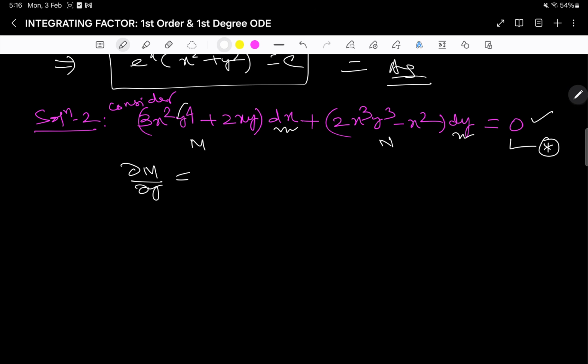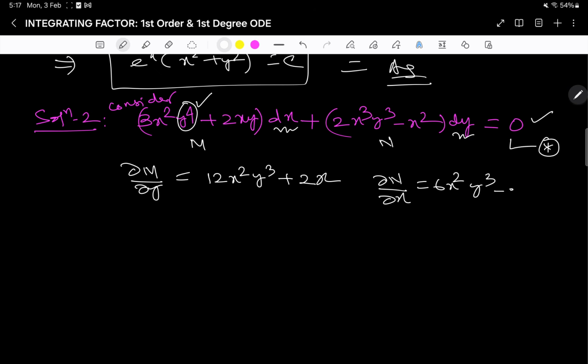So what is my del M by del y? The derivative of y fourth is 4y cube, so 12x square y cube plus 2x. And what is my del N by del x? It is 6x square y cube minus 2x, which is not equal, right?